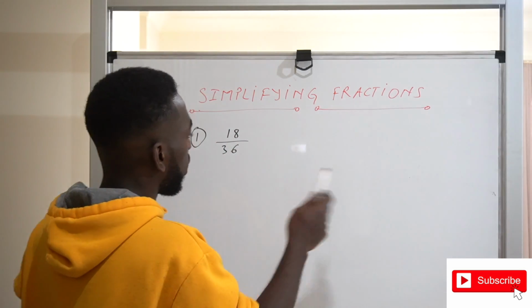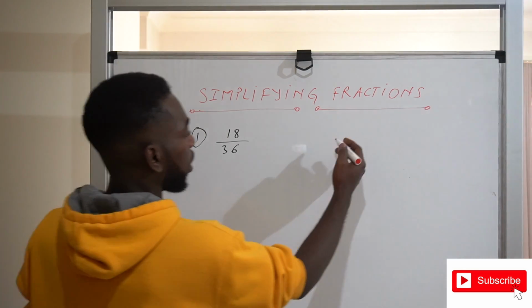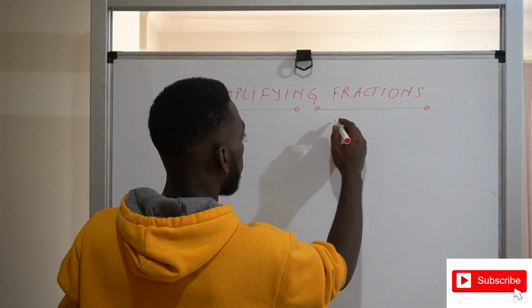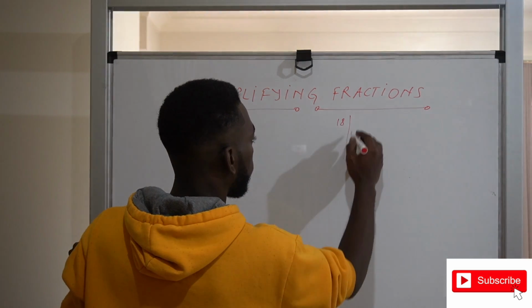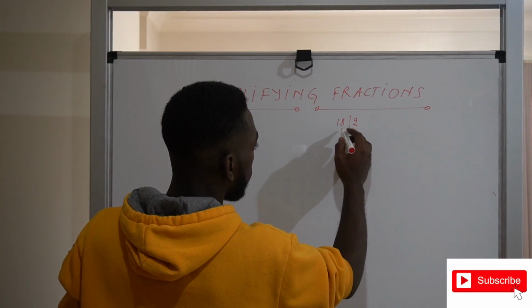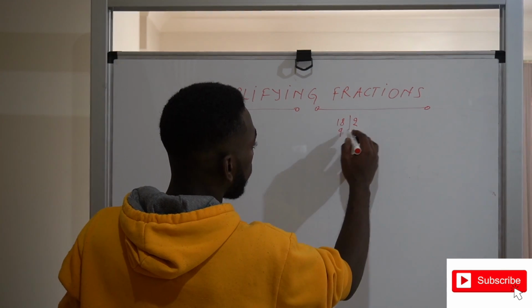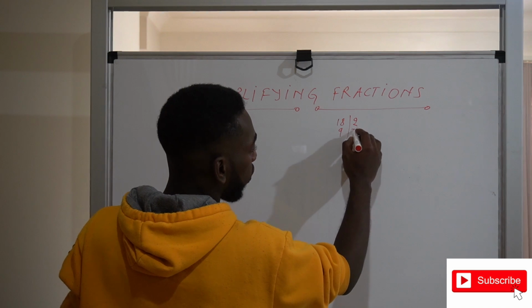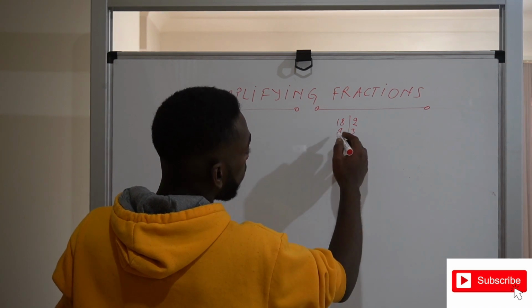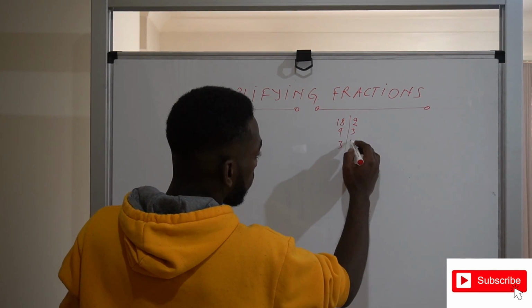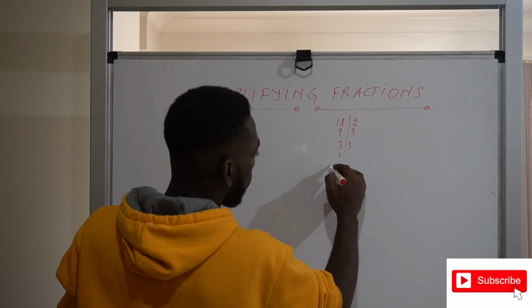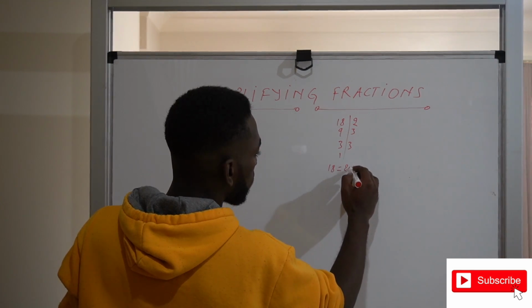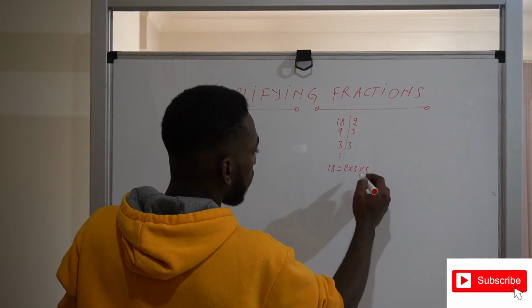So we can start again by finding, on the side, the factors of 18. We have done this, but let me repeat it. 9 divided by 2, 2 does not go into 9, so you divide by 3. 9 divided by 3 is 3, and 3 divided by 3 is 1, so 18 is the same as 2 times 3 times 3.